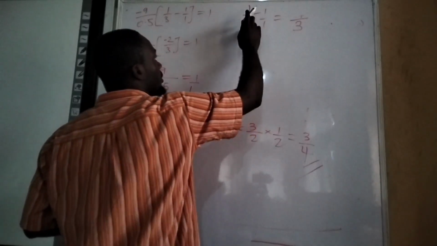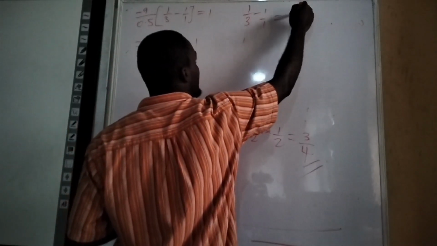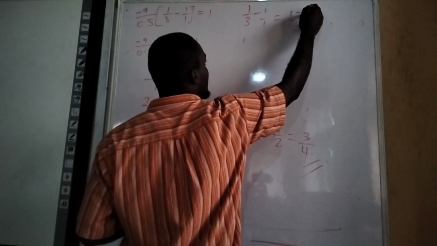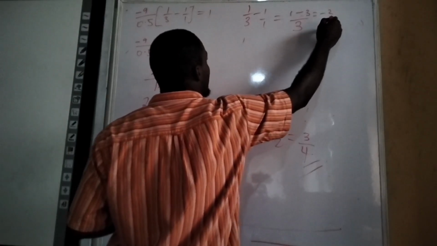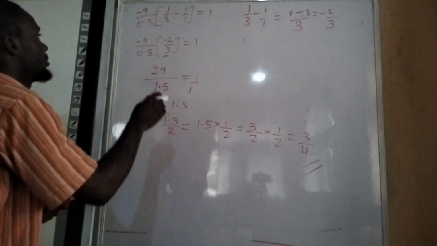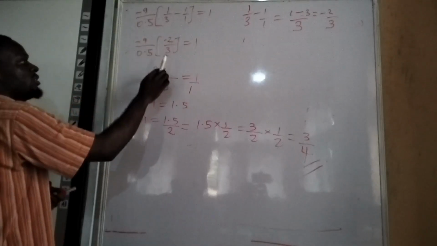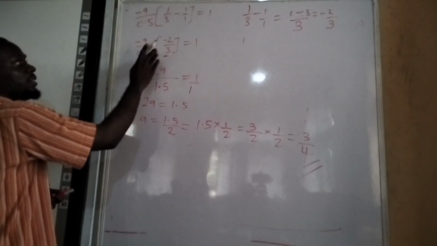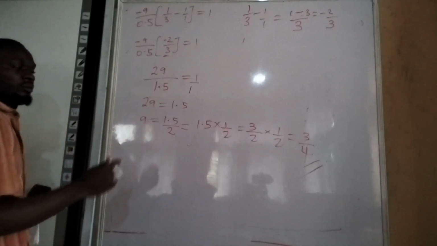Let's say 3. That one will be 1, that one will be 3. So it's minus 2 over 3. So minus A times minus 2A plus 2A, and 0.5 times 3 equals 1.5.